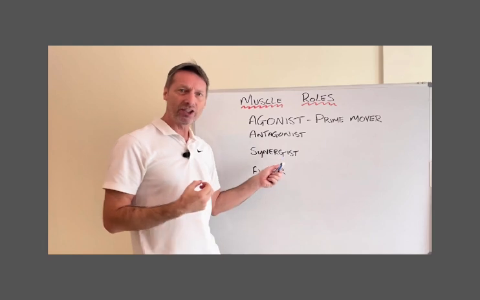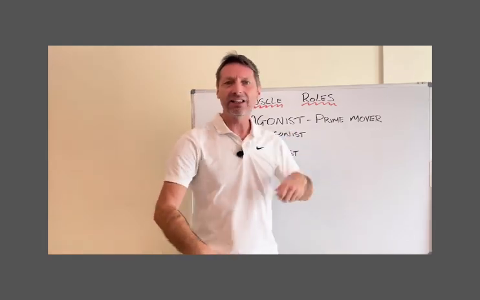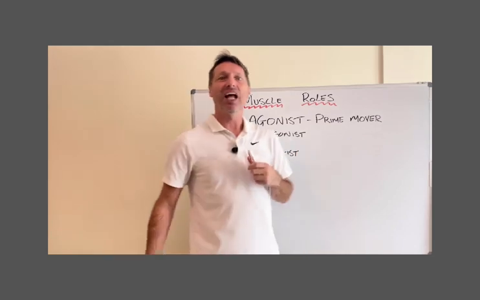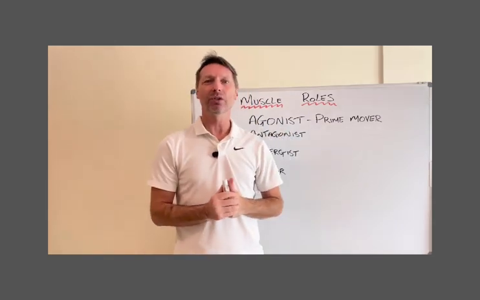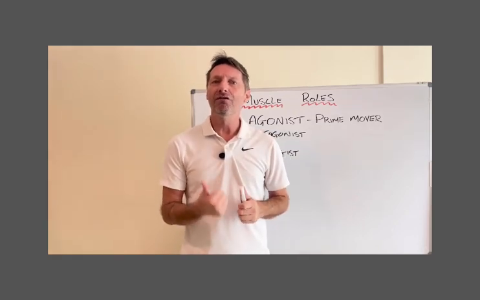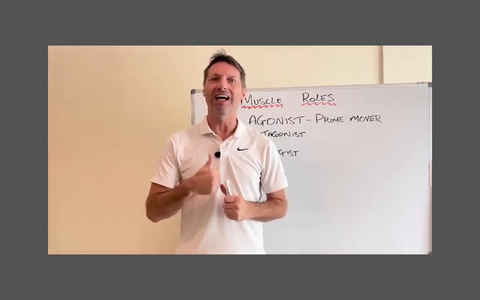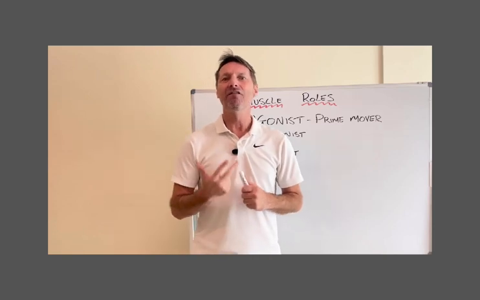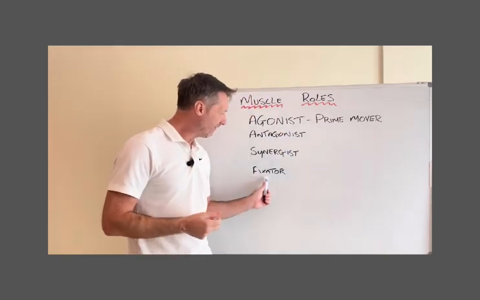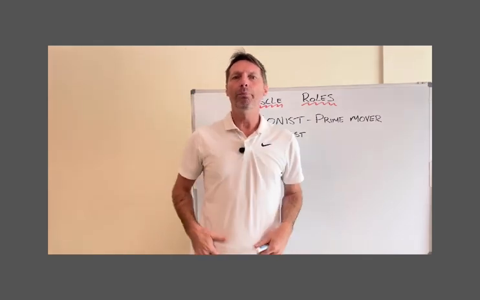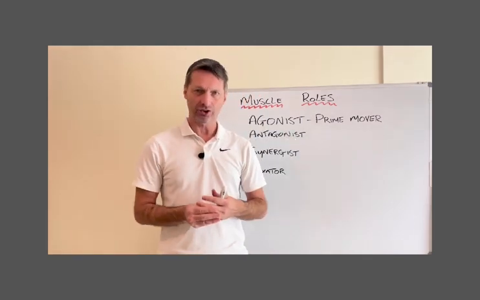So, the agonist would be the rectus femoris. The antagonist are still the hamstring muscle group. The synergist will be the vasti muscle group, vastus medialis, vastus intermedius, and vastus lateralis. The fixator in this instance for leg extension would be the hip flexors.